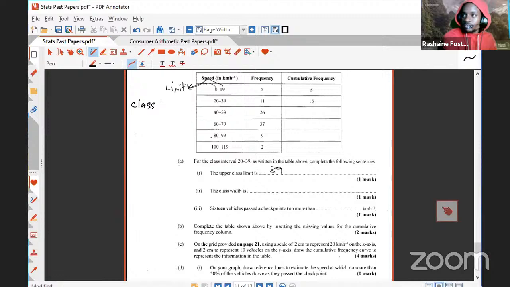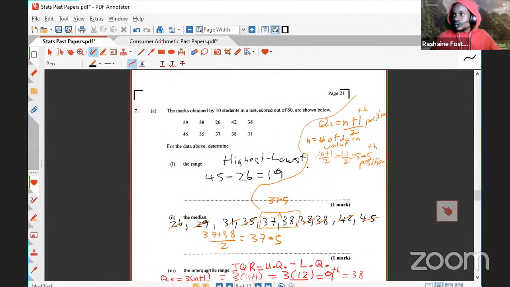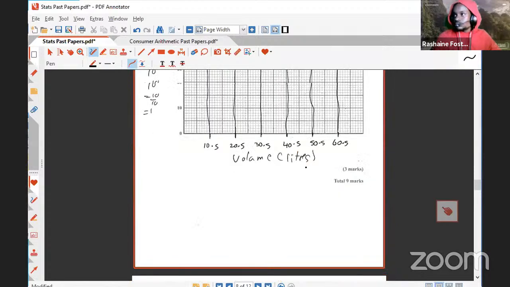If we remember the question that we did previously, let's see if we can find it quickly. I think it's this one here.